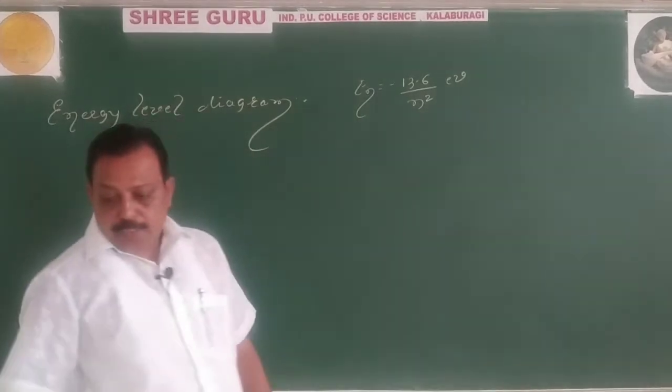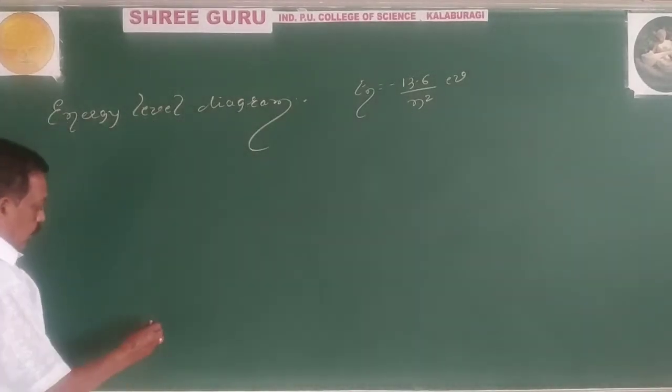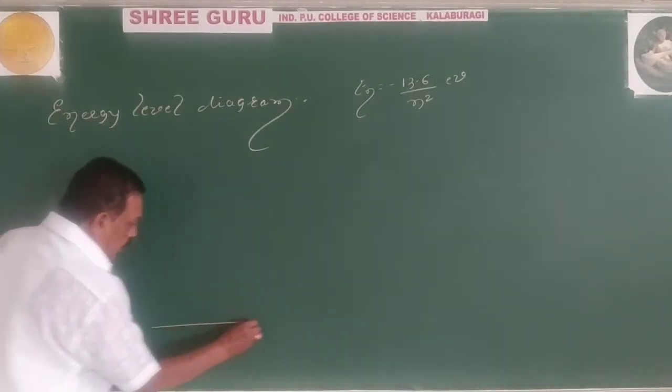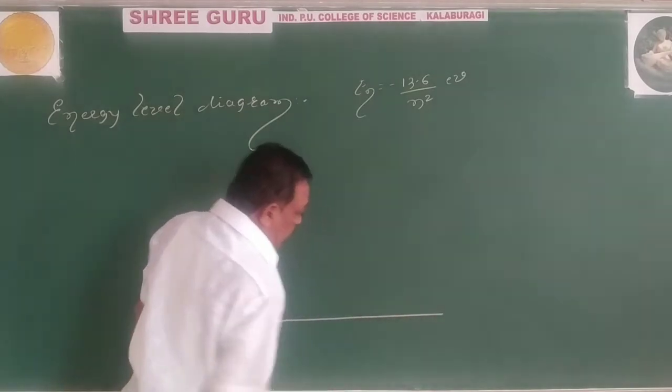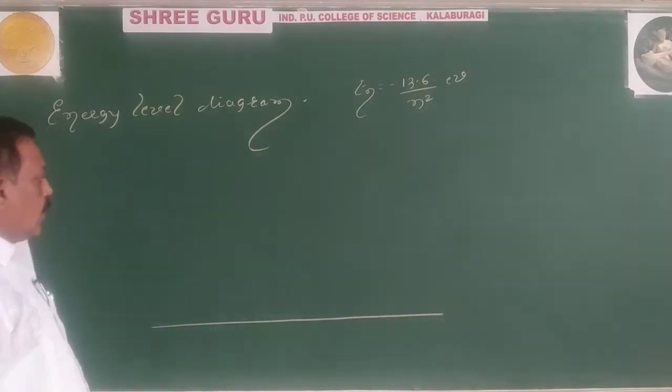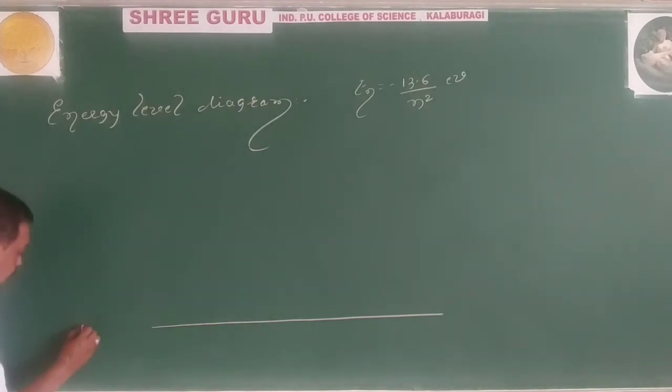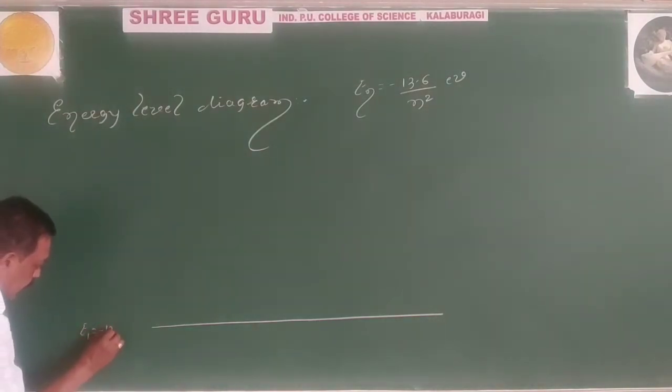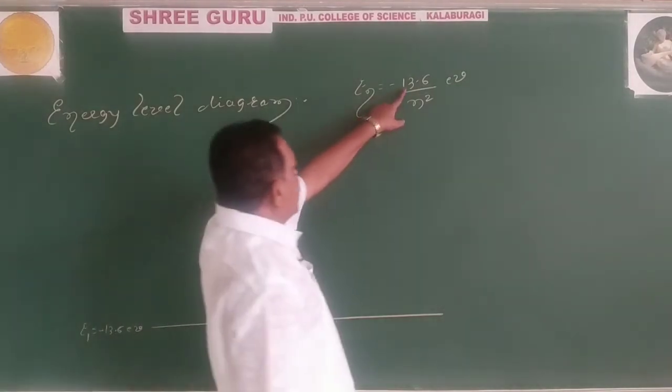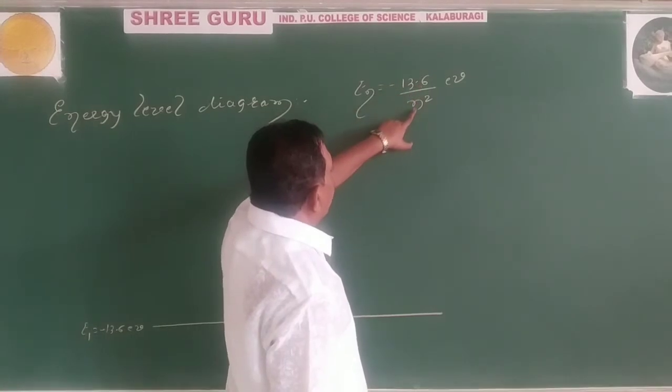So, I take the total energy of the stationary orbits, that is represented by horizontal lines. This is nothing but E1, the ground state, equals minus 13.6 electron volt. If I keep n equals to 1, what happens? Minus 13.6 divided by 1 square.